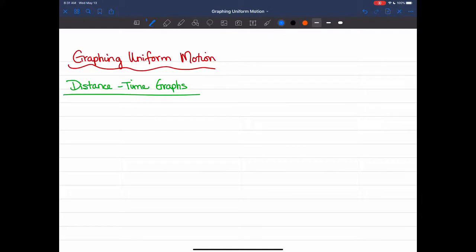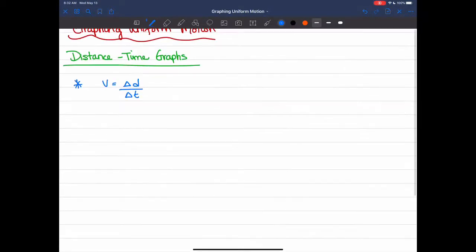So, distance time graph. First of all, let's remind ourselves, we said that speed is a change in distance over a change in time. And that uniform motion shows the relationship between two variables, distance and time.